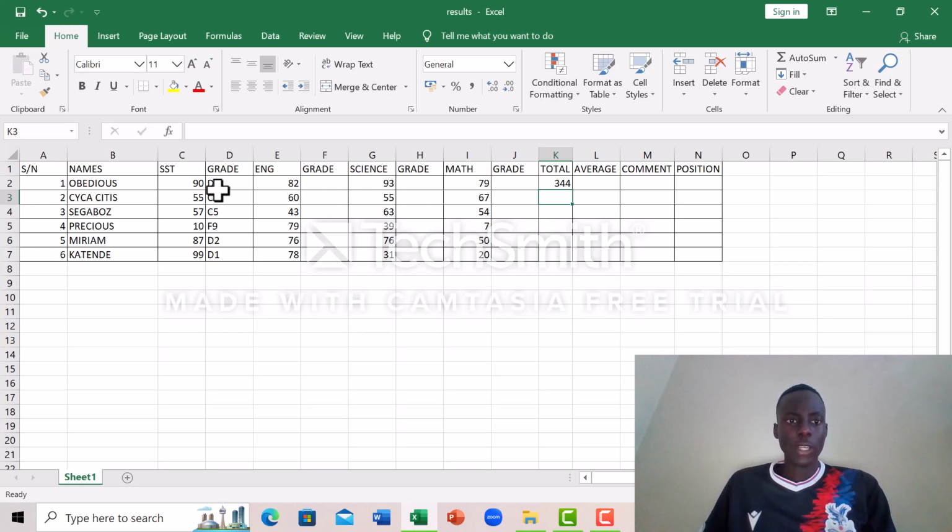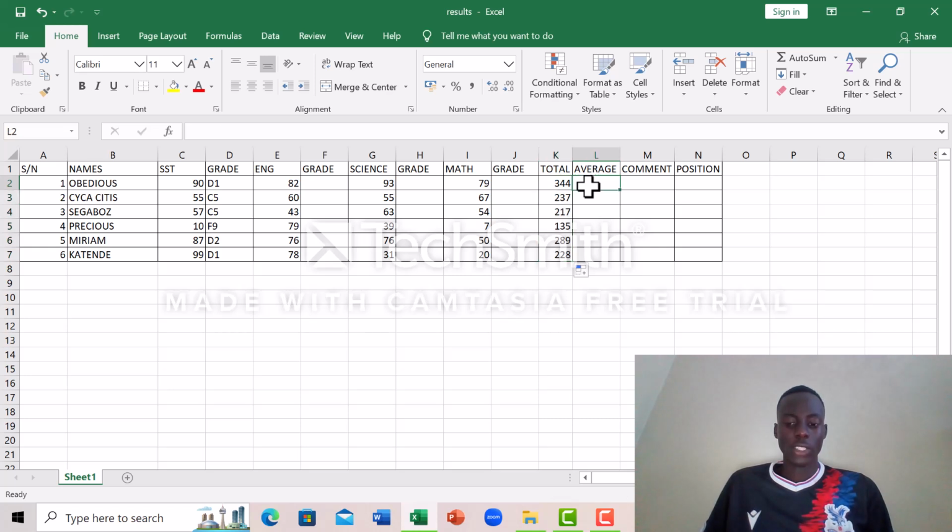If you add this plus this plus this plus this using a calculator, you get 344. For people who feel it's difficult, you just bring your cursor to this right-hand corner where you see my cursor is, left click, then scroll down to where you want it to be, then you leave it. It will bring all the totals you want.